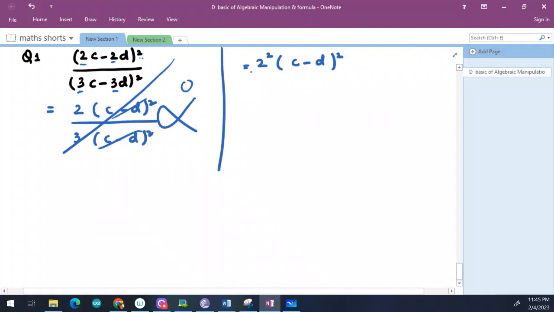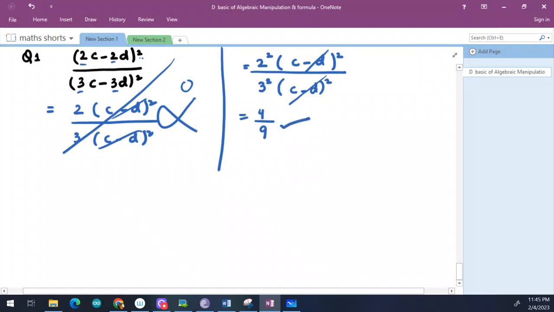And in the denominator we are not going to take 3 common, we are going to take 3 square common, because the square is common in the denominator on both. So C minus D remains. Now you can cancel this, and you will get 2 square, which is 4, and 3 square, which is 9. This is the right answer.